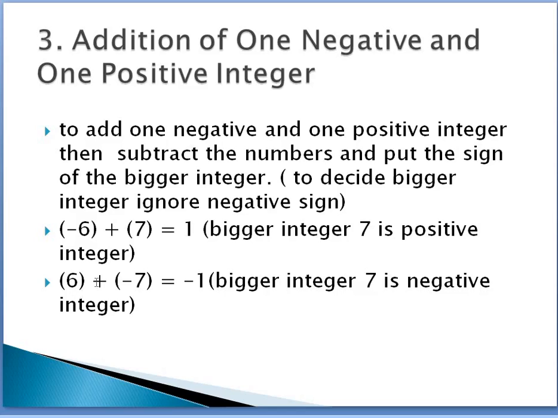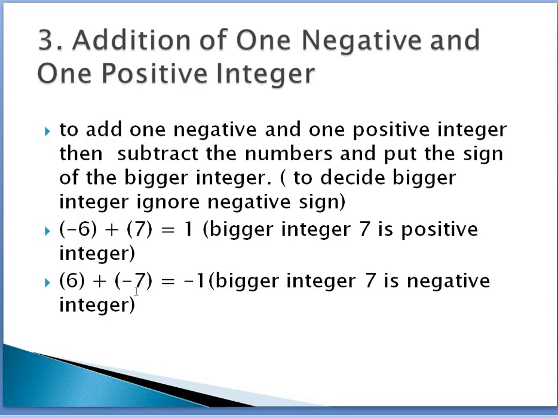Suppose 6 plus minus 7. Here one positive integer and one negative integer. Here also you subtract and get 1. But which sign do you write? To decide the bigger integer, ignore the negative sign. Now which is bigger, 6 or 7? 7 is bigger.